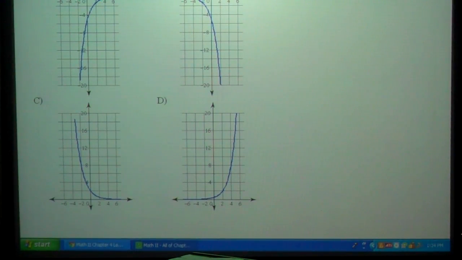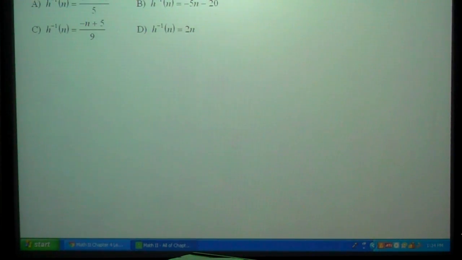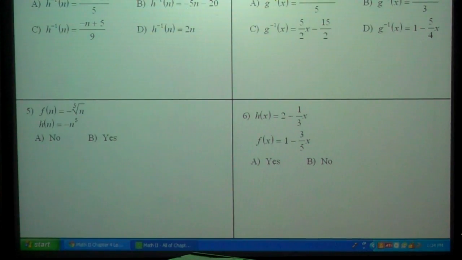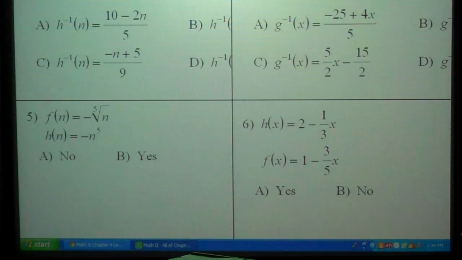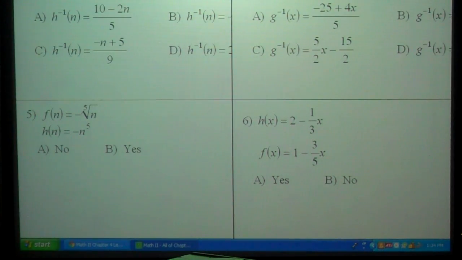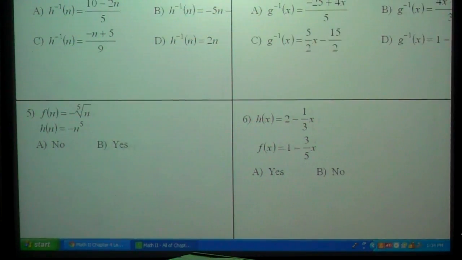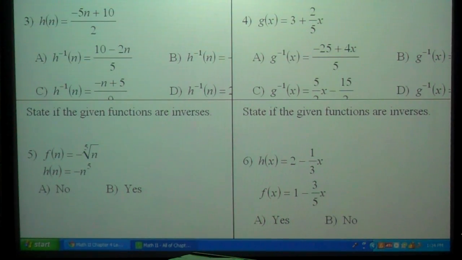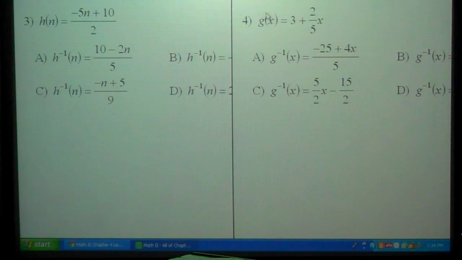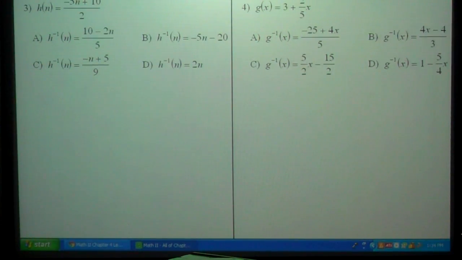Alright. Moving right along, let's see if we can put 4 up there at one time. The directions, let's just go with 2 up. The directions for each one of these is find the inverse.